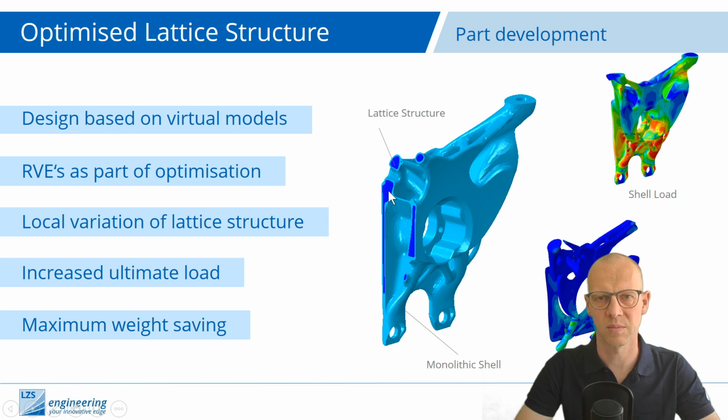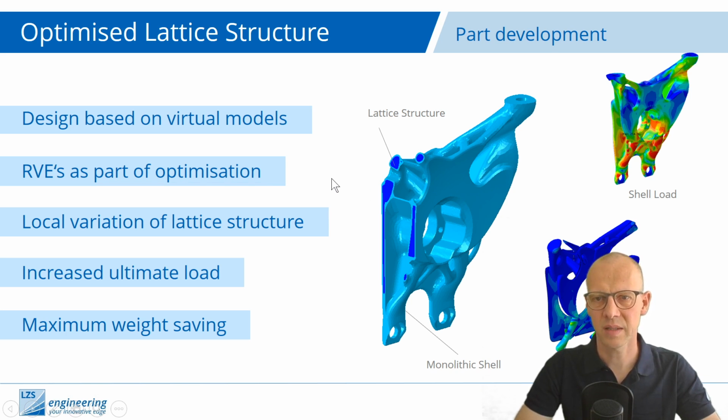But as discussed before, this hollow structure must be filled with a grid. And of course, it's not possible to fill such a structure with a grid model and then do an optimization, but with our now available RVEs, we can combine a normal topology optimization system with our RVEs and are now able to run an optimization of the whole structure consisting of the monolithic shell and the grid structure within.